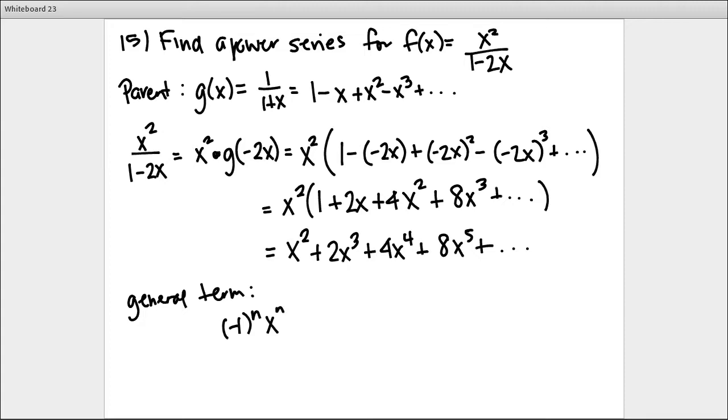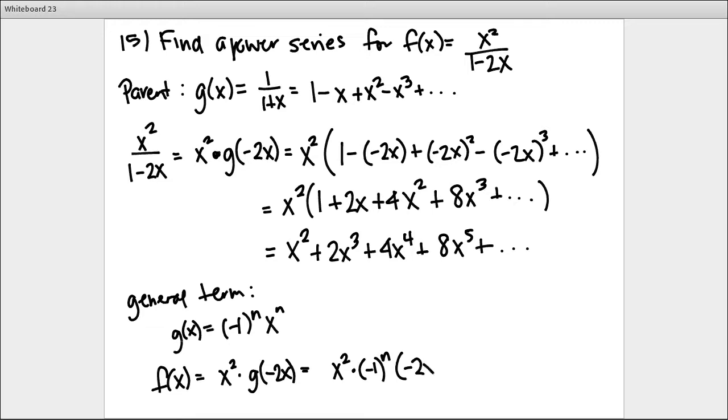That's your general term for your parent guy, right? But for f of x, what we did was x squared times g of negative 2x, right? So that would mean I've got x squared times negative 1 to the nth power times negative 2x to the nth power.